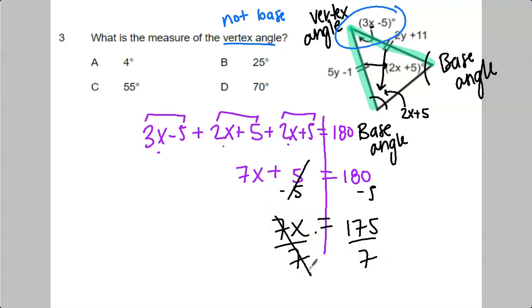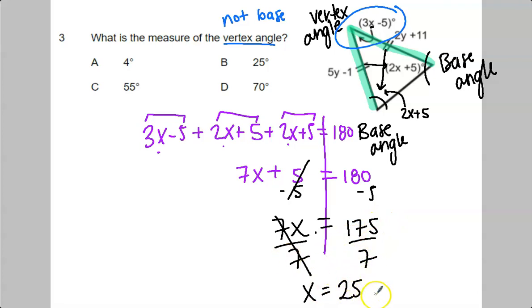So 175 divided by 7 is 25. No, that is not right, I typed that in wrong. 175 divided by 7, 25. All right, now we're good.